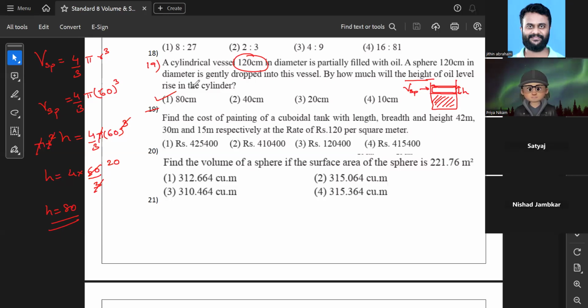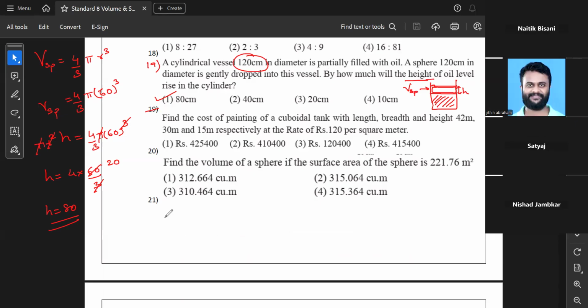Sir, how did we deduce that the volume of the cylinder is equal to the volume of the sphere? Yeah. So first of all, you should understand the volume of the total cylinder is not equal to the volume of the sphere. The volume of the portion of the cylinder where the height rose, that is only equal to the volume of the sphere. Okay? Yes, Naitik, what's your query?